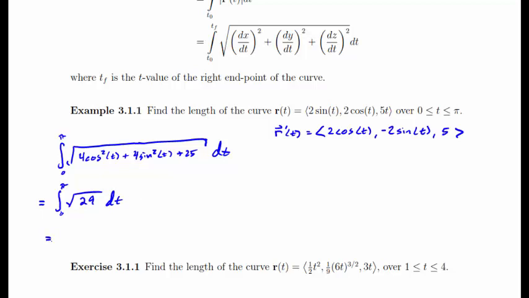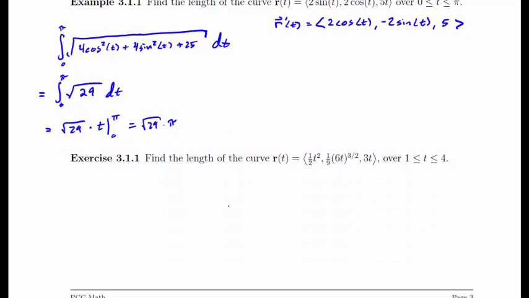So this equals the square root of 29 times t evaluated from 0 to pi, which equals the square root of 29 times pi. So the length of this curve from t is 0 to t is pi is the square root of 29 times pi. Let's go ahead and give you guys a chance.